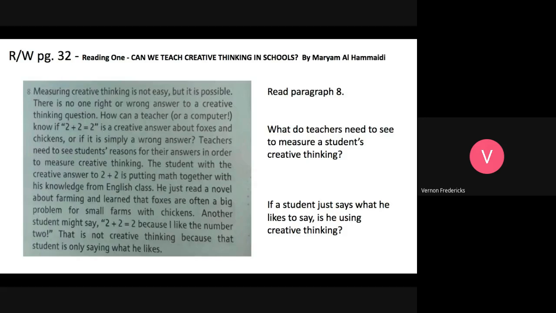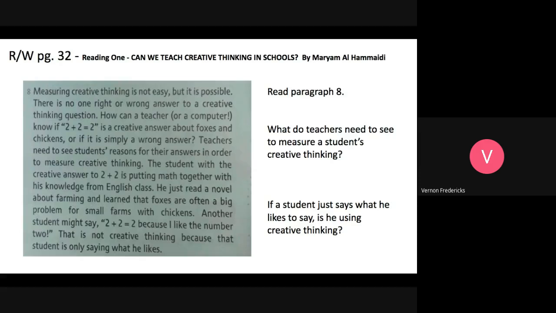If a student is, for example, giving a reason saying 2 foxes plus 2 chickens equals 2 happy foxes, because yesterday he was reading a book about farms, and on the farms the chickens get eaten by foxes that come onto the farm. That's a good enough reason. It makes sense to the teacher.